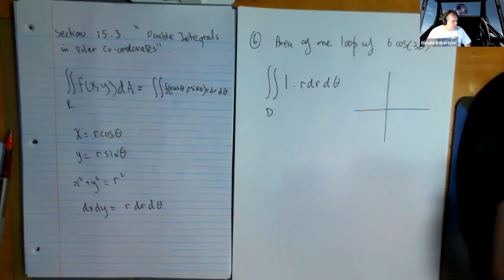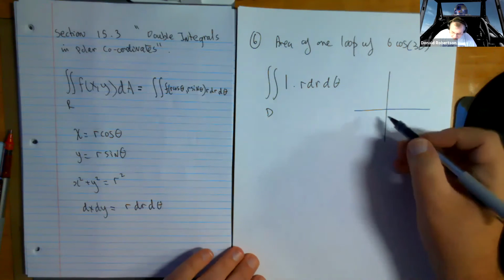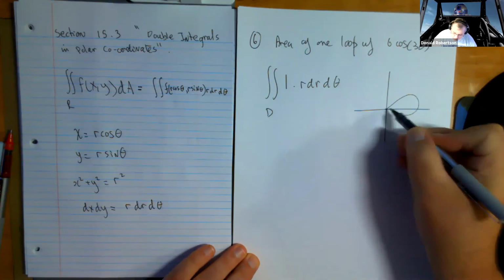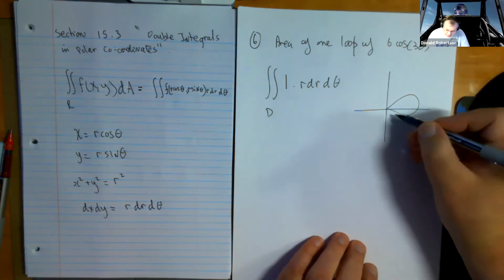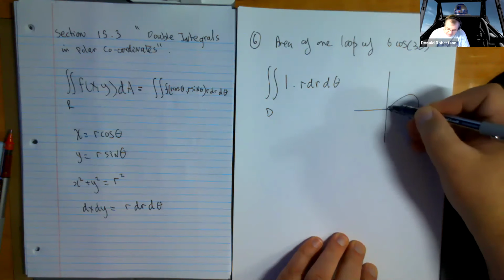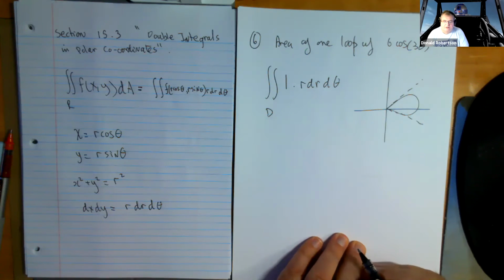Now, if I want to find out what 6 cosine 3 theta looks like, which I really need to, it looks like this, or at least one loop of it does. And this angle here and this angle here is important.